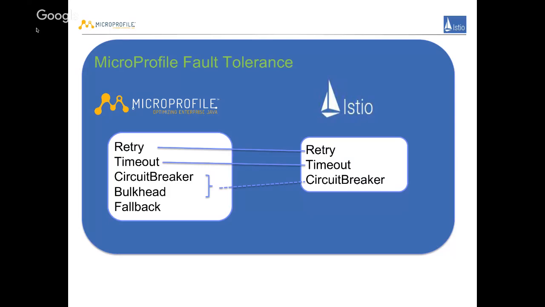MicroProfile makes even internal communication resilient, because for Istio, your communication has to go out of your service and then go to another service. Only this service-to-service communication will be resilient.